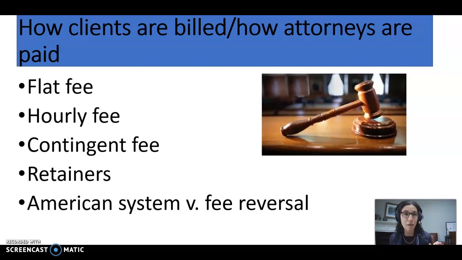And that can happen sometimes in a fee reversal situation. But most of the time, under the American system, attorneys are paid by their own clients. So that's something to discuss up front when the attorney sets the relationship with the client and discusses the fee, to make sure that clients understand that.